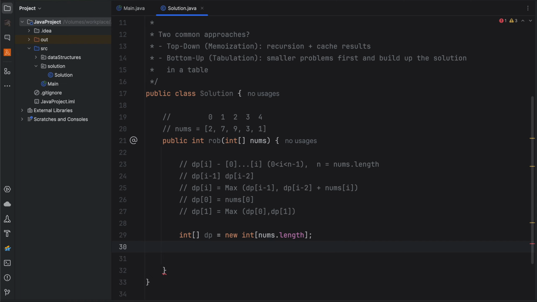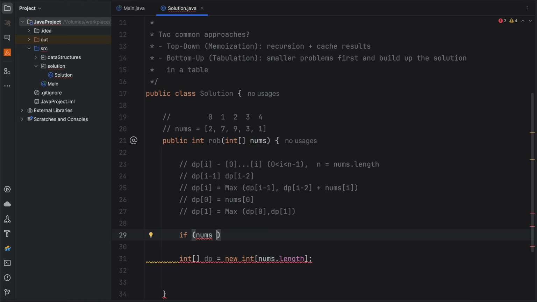Before we start, we can assume that nums is not a null value or empty, and that the provided elements are non-negative. But if you want, you can add that validation as well. As I always say, it's always good to clarify that with the interviewer if you're given this problem during your interview.